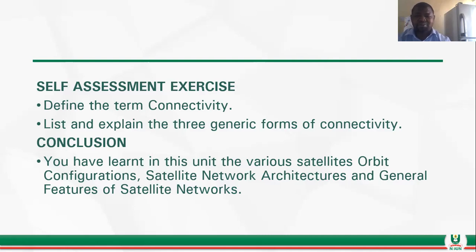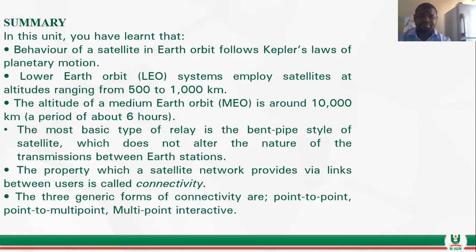Conclusion. You have learned in this unit the various satellite orbit configurations, satellite network architectures, and general features of satellite networks. Summary. Let's summarize what we have learned so far. In this unit, you have learned that the behavior of a satellite in Earth orbit follows Kepler's laws of planetary motion.